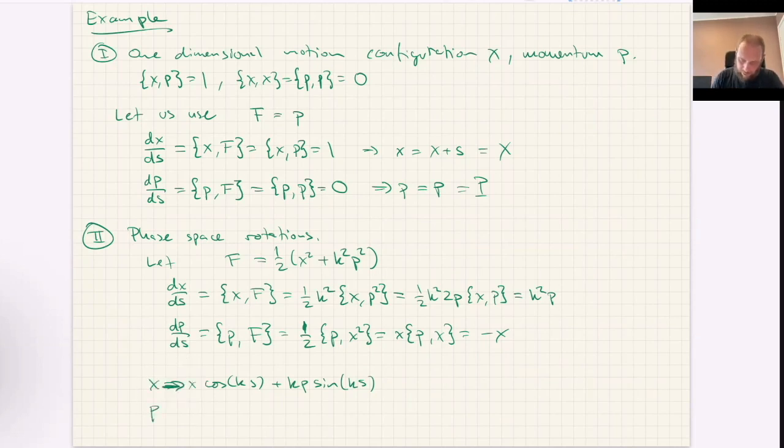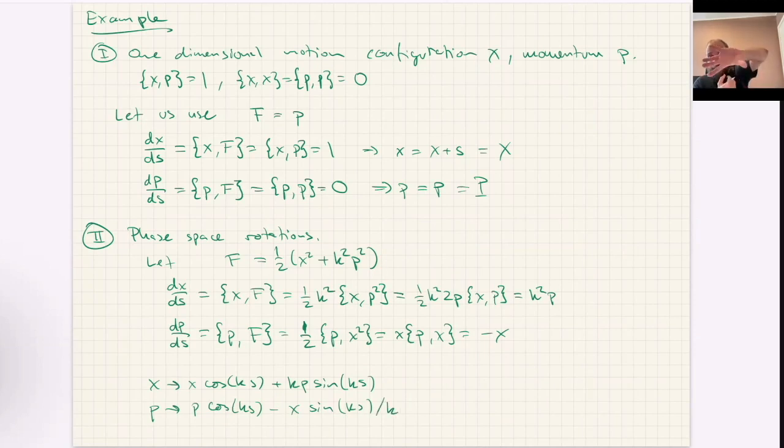Whereas p maps to p cosine ks minus x sine ks divided by k.